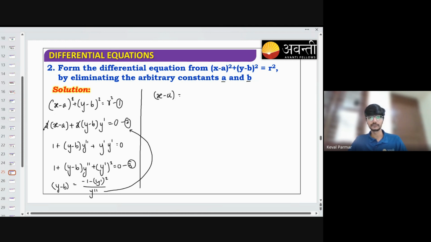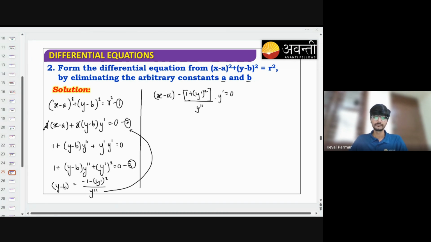Sorry, it will be minus 1 plus y dash whole square upon y double dash into y dash is equals to 0. Where is x minus a? We differentiated again, the derivative of x is 1, the derivative of a is 0. So I'll be left with 1.